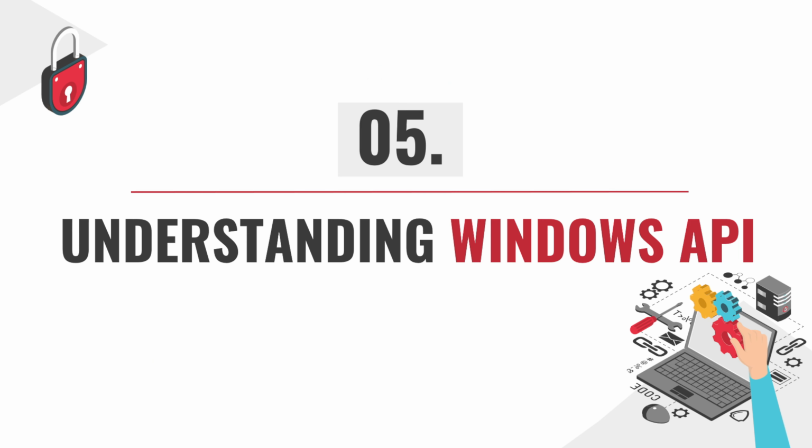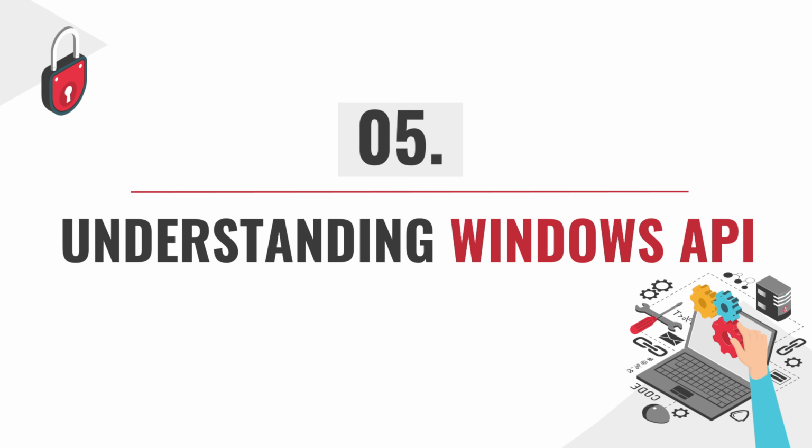In this section, we are breaking down something every malware analyst must understand: the Windows API. It is used by all Windows programs, good or bad. In fact, the Windows API is what makes Windows software work well. But it's also the exact toolset malware authors use to exploit and manipulate the system.